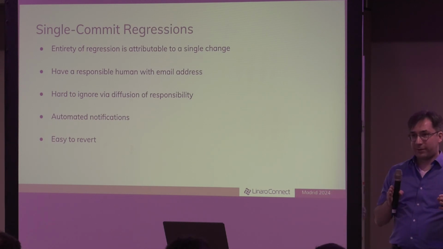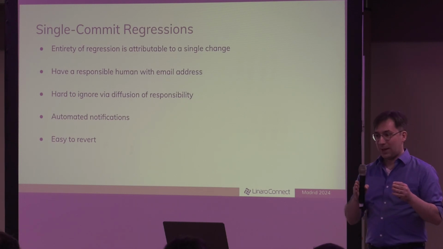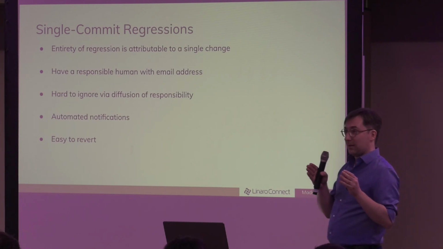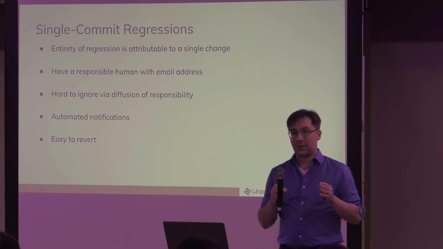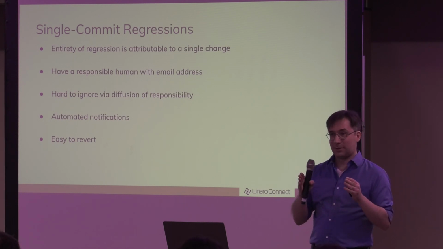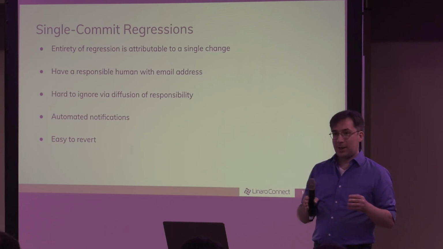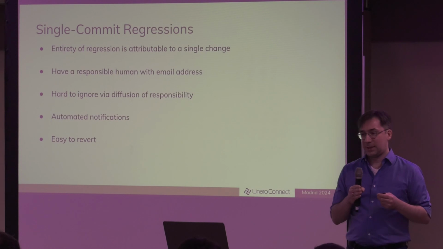The entirety of the regression can be attributed to a single change. That change has a real human with a real email address, which we can send email to, and we can get in touch with that developer and ask him or her to at least look at the problem and ideally fix it.